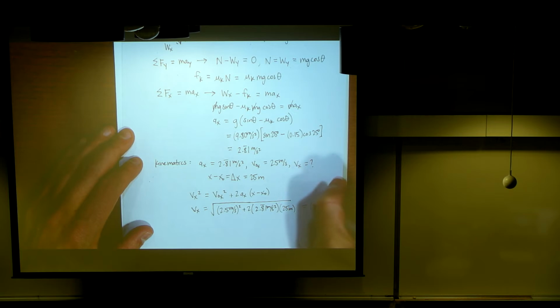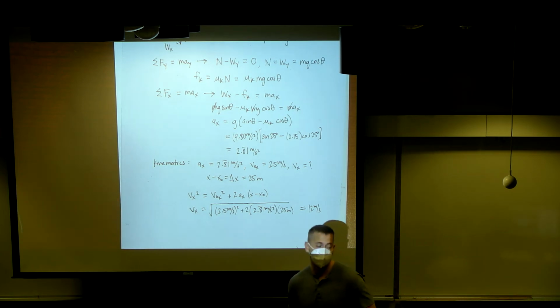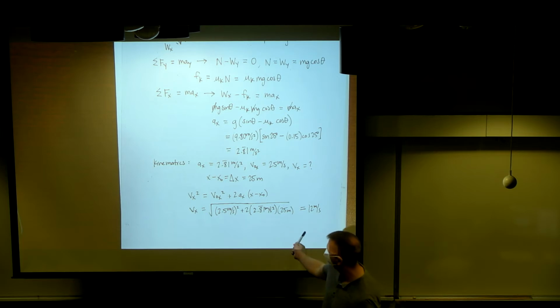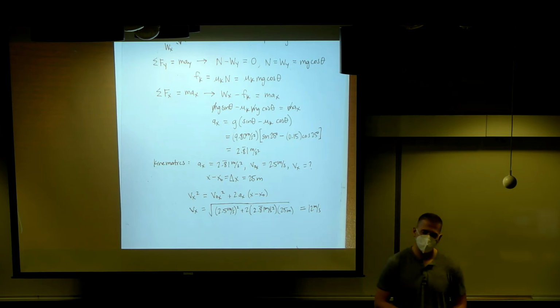Yes, about 12 meters per second at the bottom. So this is a good example of a problem that combines almost everything we've done in the class up until this point. It's got kinematics and Newton's laws all in one, and they generally get used together. Any questions on this?